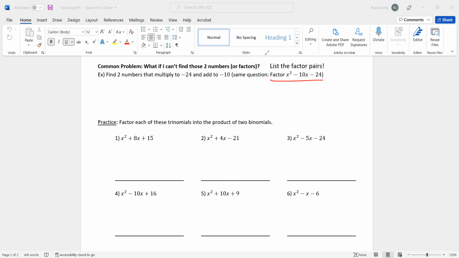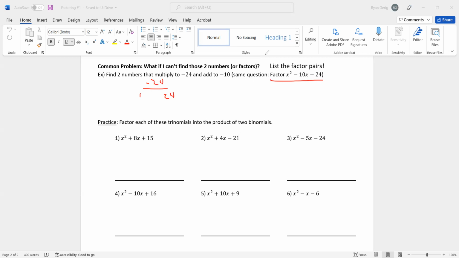Negative 24, right? So I'm going to list the factor pairs of negative 24. So I'm going to list them in pairs. So 1 and 24. But before I do anything else, I do have to understand that it has to be negative 24. 1 and 24 makes positive 24. That is a difference. I have to put a negative in there.